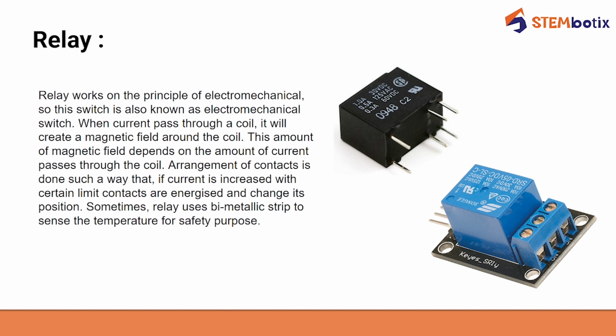And that's how the relay performs its task of turning on or turning off the connected devices or equipment. Sometimes a relay uses a bimetallic strip to sense the temperature for safety purposes, to operate safely.